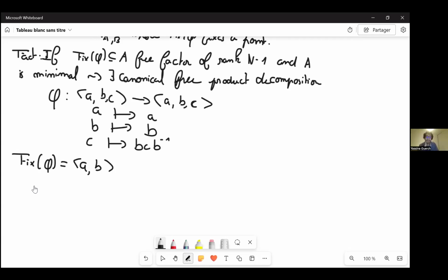And we have a canonical free product decomposition, which is the following: Fn is equal to the free product of the group generated by a, b and the group generated by c. And you can easily show that this free product decomposition is canonical.